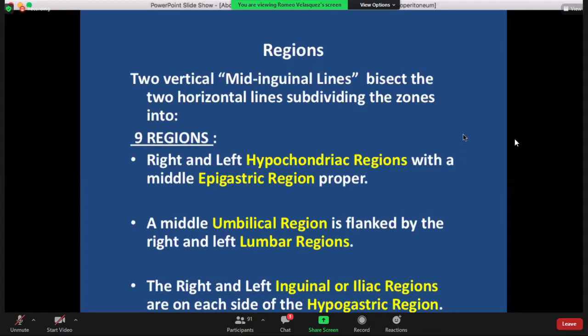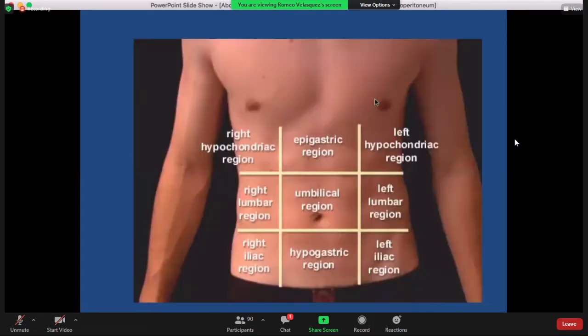Now, to produce the 9 regions, you will need 2 vertical lines, and those are the mid-inguinal lines. Or you can also say mid-clavicular, because more or less they're not very much different. So by doing so, you will be producing, okay, this is the mid-clavicular or mid-inguinal point line, vertical.